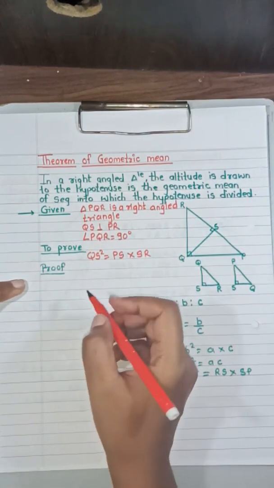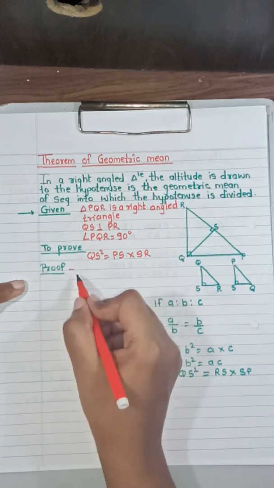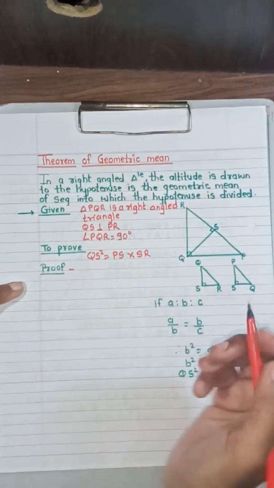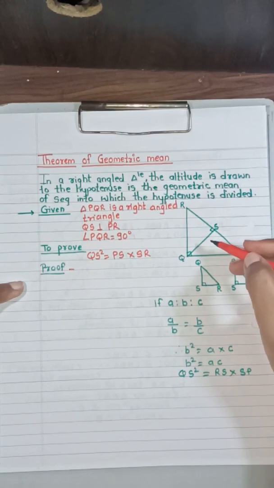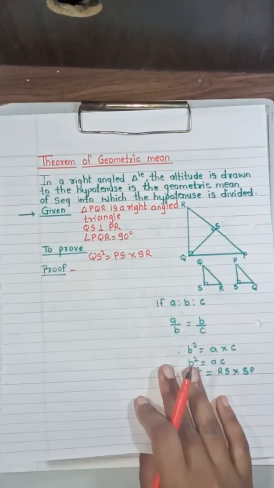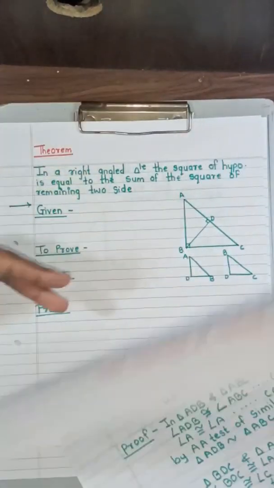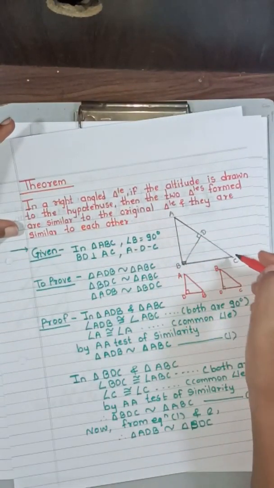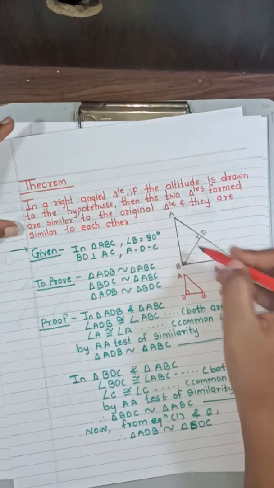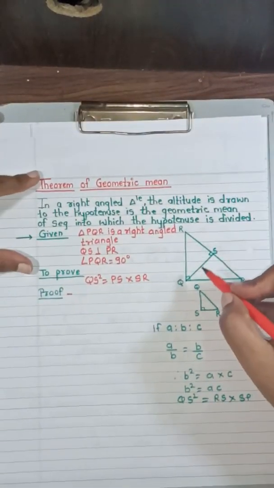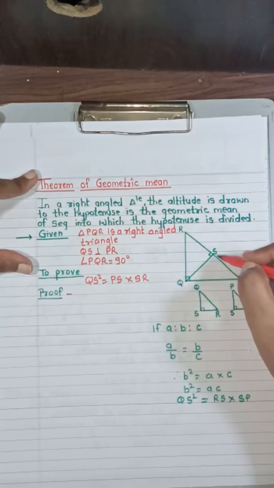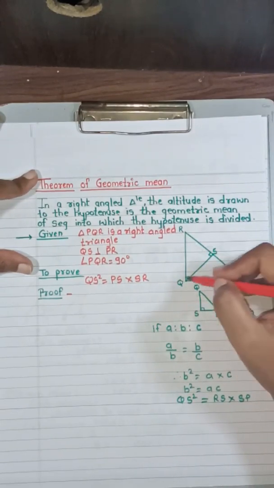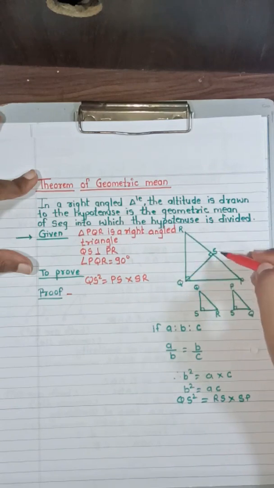Now let us consider, in the last theorem you have studied that in a right angle triangle, if the altitude is drawn to the hypotenuse, then the two triangles formed are similar to each other. Now you can see here, when we draw an altitude to the hypotenuse, that is RP, then the triangle formed, that is RQS, is similar to QSP.